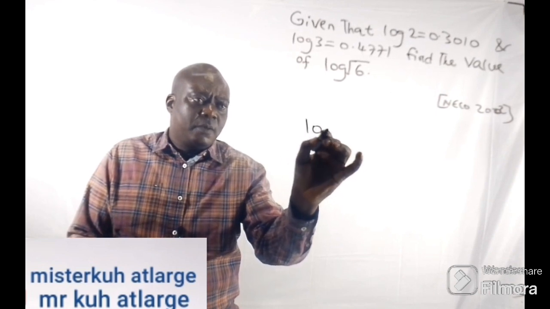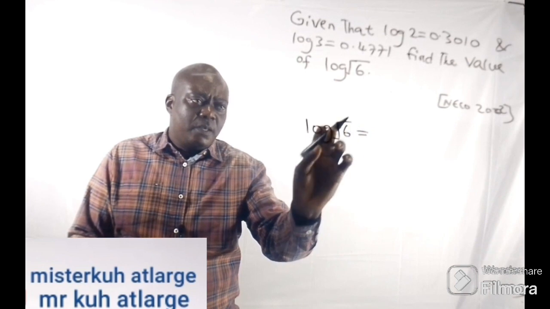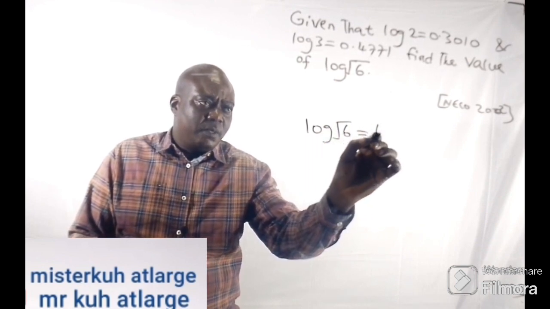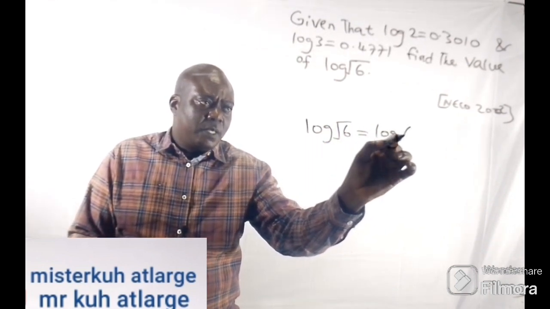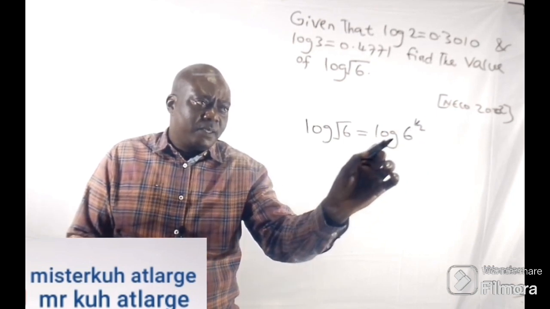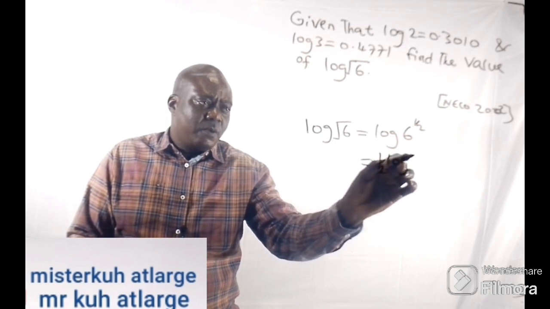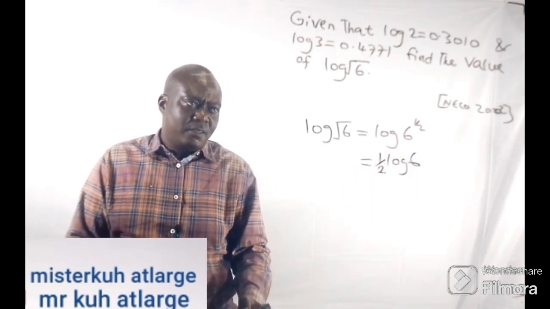So you have log of the square root of 6, it becomes log 6 to the power 1 over 2. So you now simplify it. So you have 1 over 2 log 6.